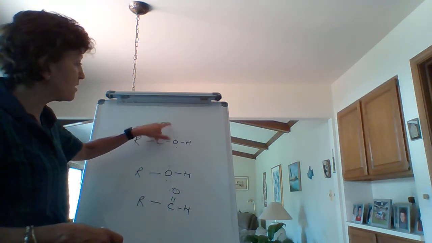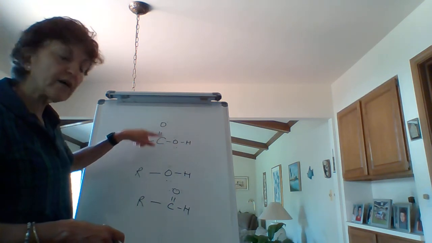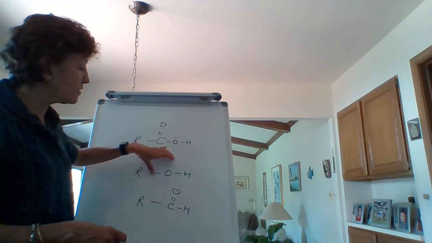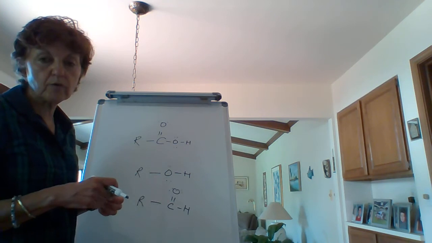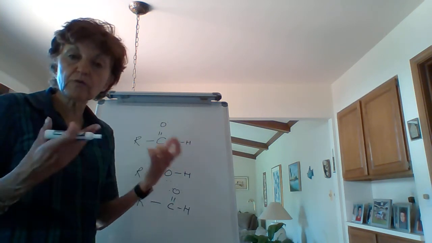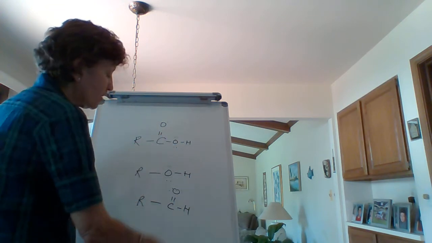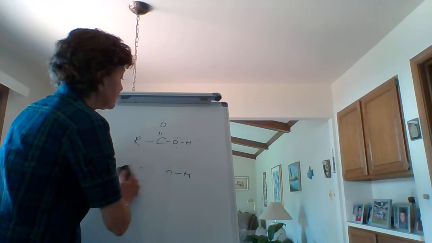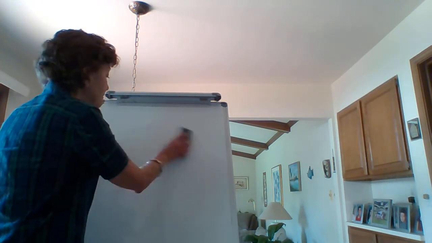But you can see here that there's more potential for hydrogen bonding here than this one. So this will have a higher boiling point than this. This one will have a higher boiling point than this. Okay? Always try to compare different functional groups when you're studying, because that way you get the fuller picture here. All right, so that's it for physical properties.